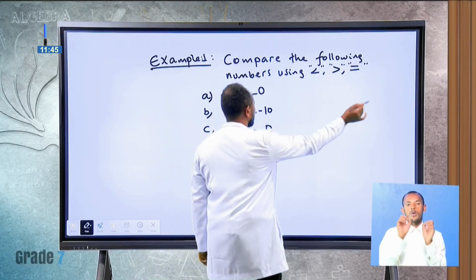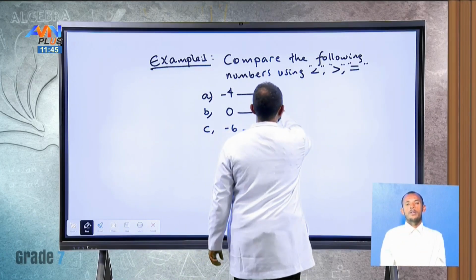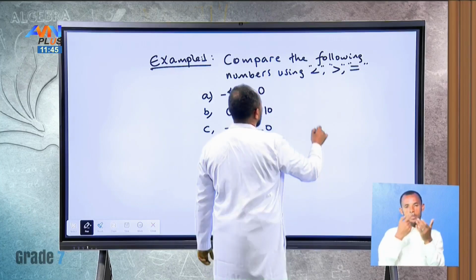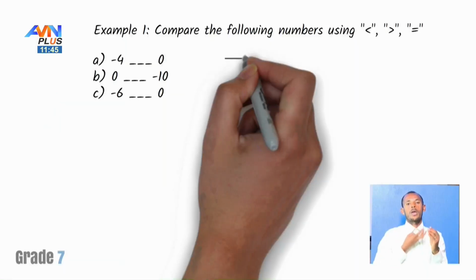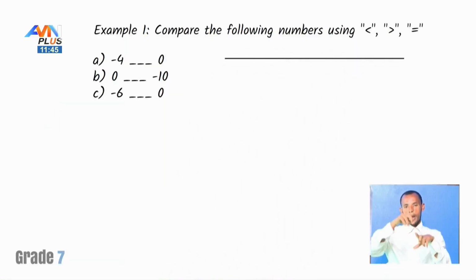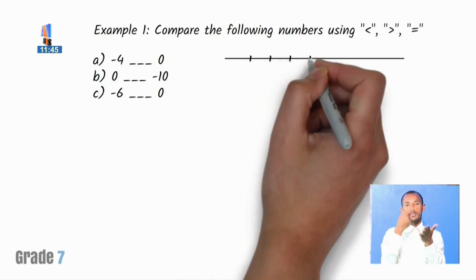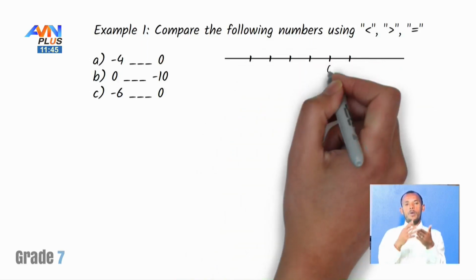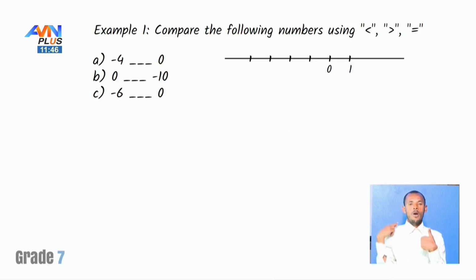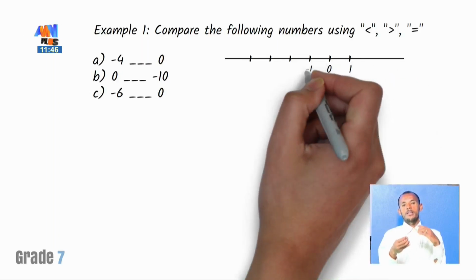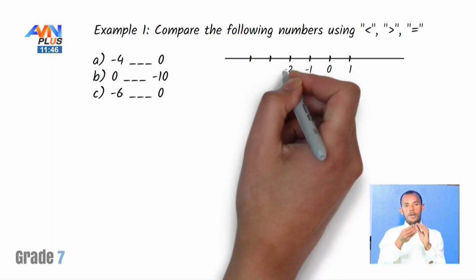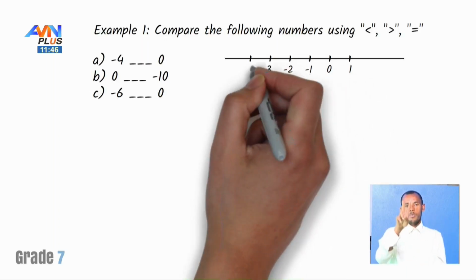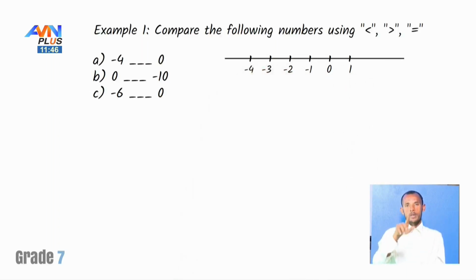Okay. To compare these two numbers, we draw a number line and we locate these numbers on the number line. Here, we have 0. To the right of 0, we have positive numbers, 1, 2, and so on. But here we have negative numbers: -1, -2, -3, -4, and so on.